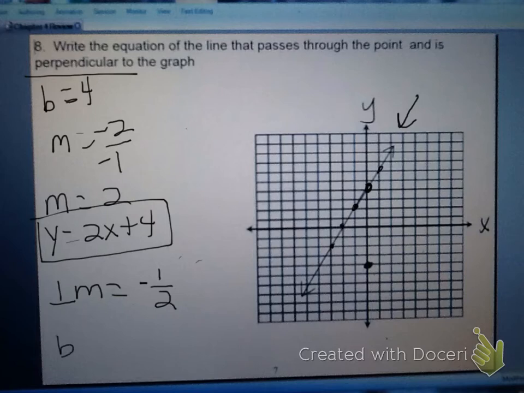So I'm going to go to this point that's given to me, at the point 0, 4. Excuse me, at the point 0, negative 4. And I'm going to go down 1 to the right 2.